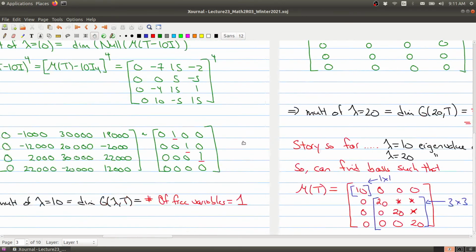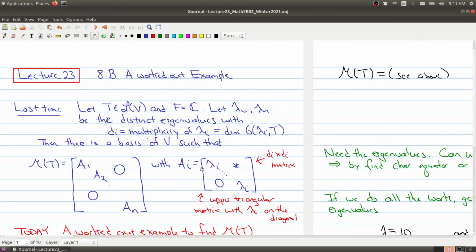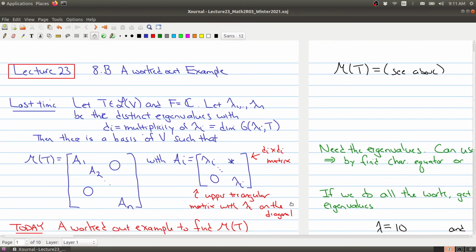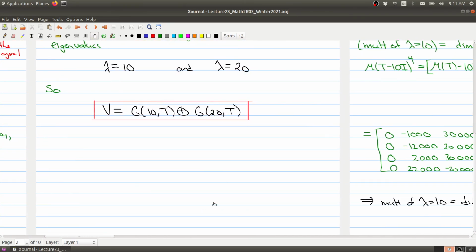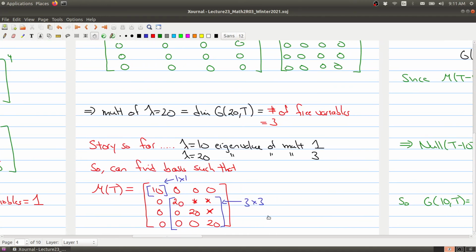Going back to the theorem, it says that if you know the eigenvalues of your linear operator and their multiplicities, you can write it as a bunch of blocks, where the number of times the eigenvalue is repeated equals the multiplicity. That's exactly what we have so far. But the problem is that the theorem says there is a basis. What exactly is this basis?